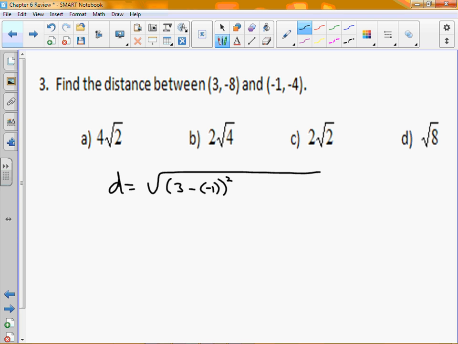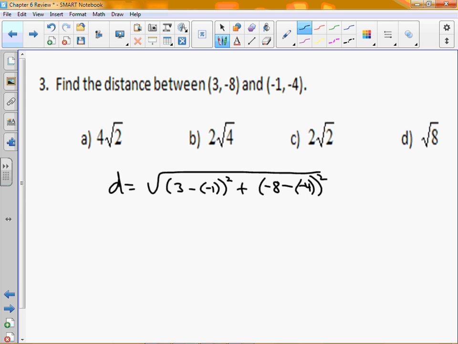Okay, so 3 minus a negative 1. 3 minus a negative 1 is plus 1. Again, right here in the middle. Guys, if you change that to a minus sign, it's not going to work. It's got to be the distance formula over there, just like it's written. So then you got negative 8 minus negative 4.